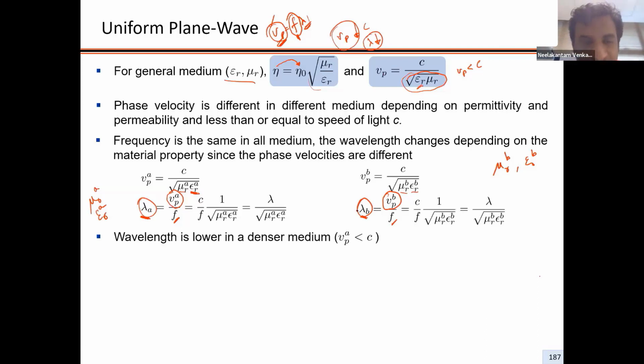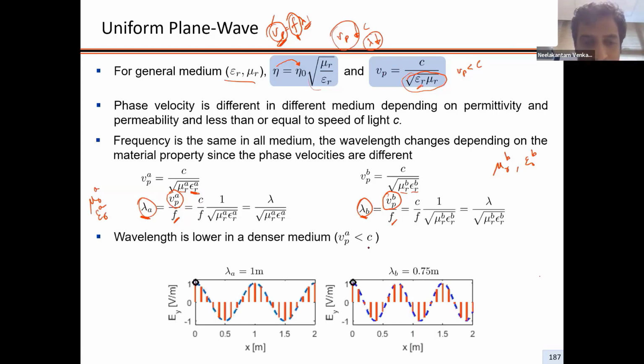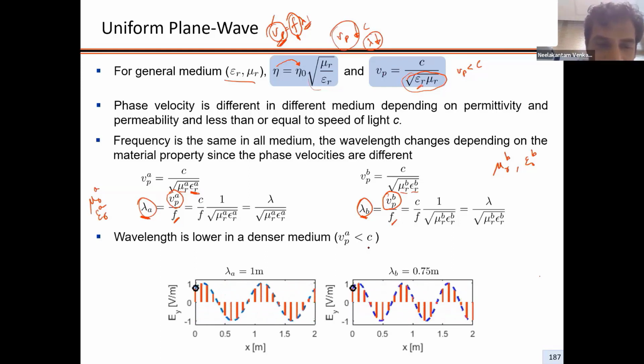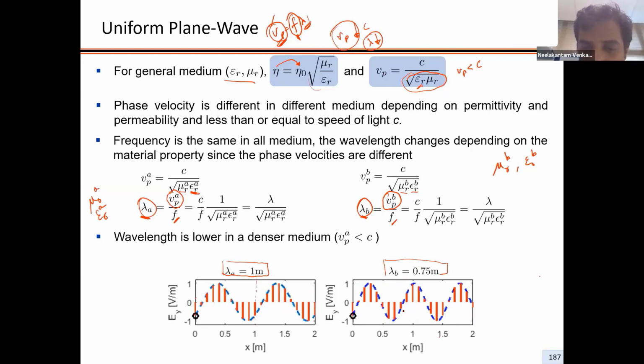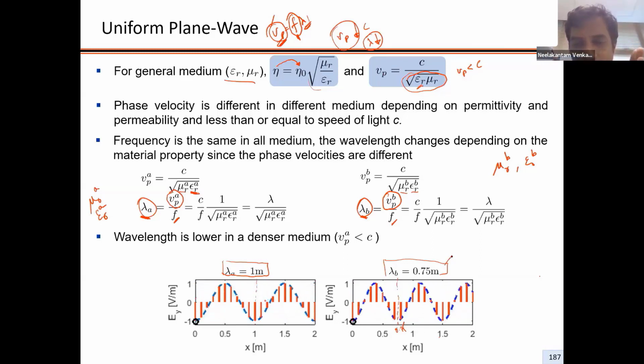I'll show that in this animation here. When there are two different mediums, here you can see that the wavelength is 1 meter. That means from one tip to the other tip at any instant, it will be exactly 1 meter. Whereas here, the wavelength is smaller, only 0.75. So this is a denser medium, meaning the wavelength is smaller, which means VpB is lower than VpA.